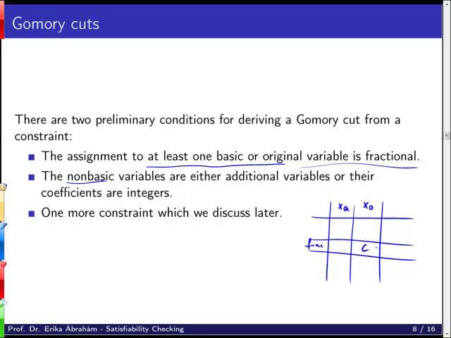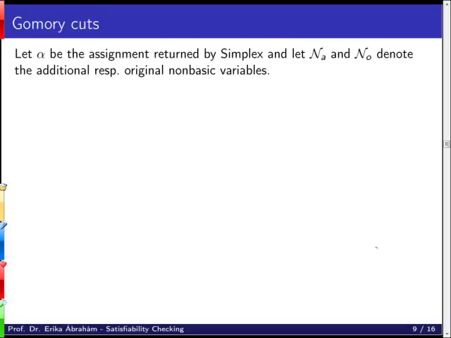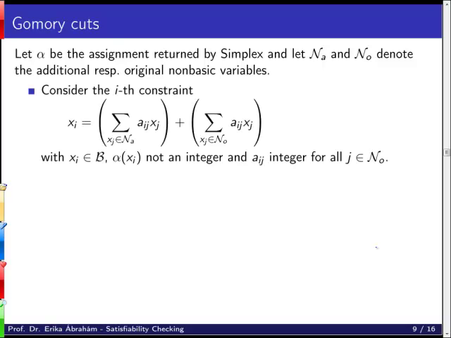These are assumptions which must be satisfied so that I can apply the Gomory cut, and why this is the case we will see once we have defined the method of how to generate it. Okay, and one more constraint, this we will discuss later. So assume that we have now, after simplex, an assignment, and for this assignment this assumption holds.